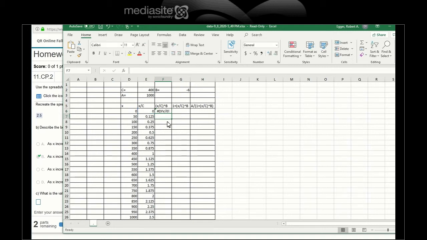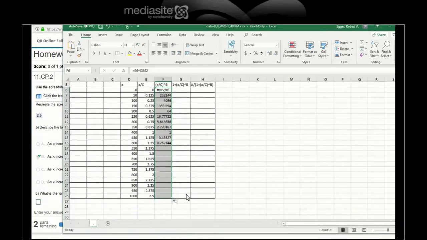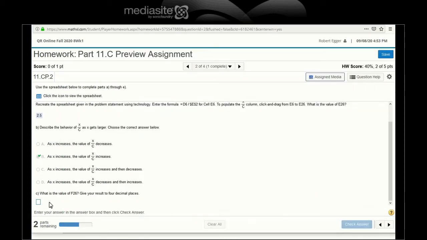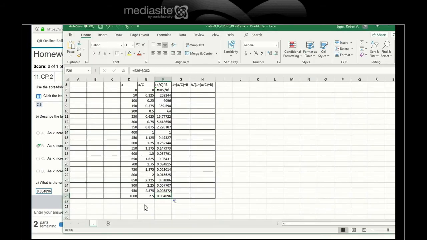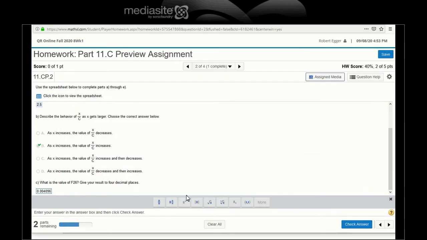The reason it wasn't right is because I wasn't getting that there. All right, so let's pull it down. And it looks like we had 0.004096. Double check that. That's correct.